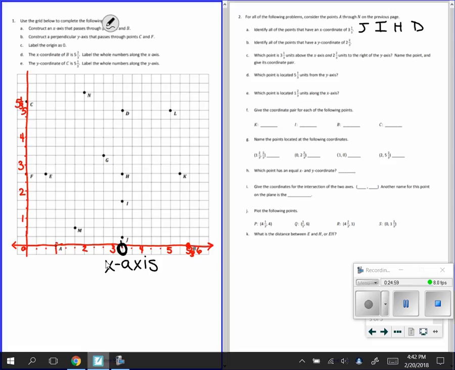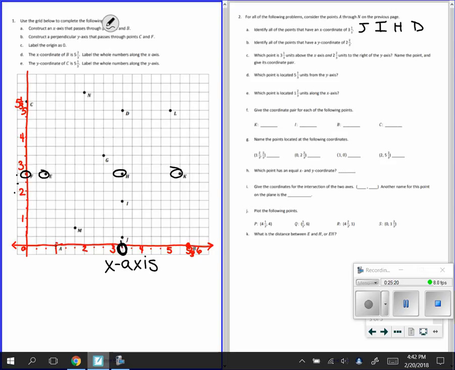The next question, identify all of the points that have a y coordinate of 2 2/3. So if I come over here, here's 2, 2 and 1/3, 2 and 2/3. So that's everything that would be right here on this line.